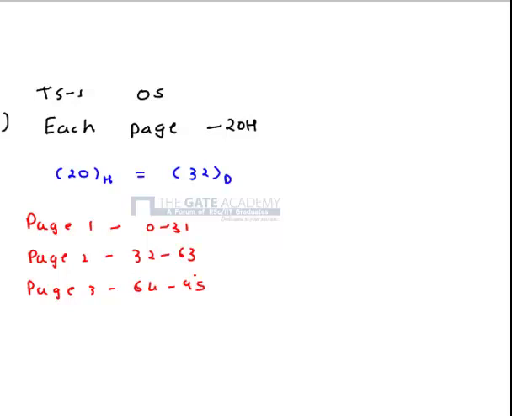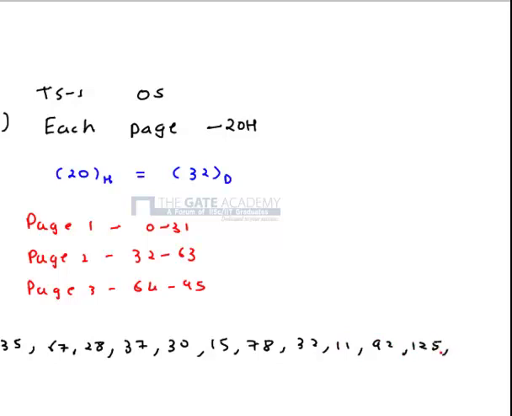Now you are given the reference string as 0, 35, 67, 28, 37, 30, 15, 78, 32, 11, 92, 125, 15, 135, 61, 121, and 30.